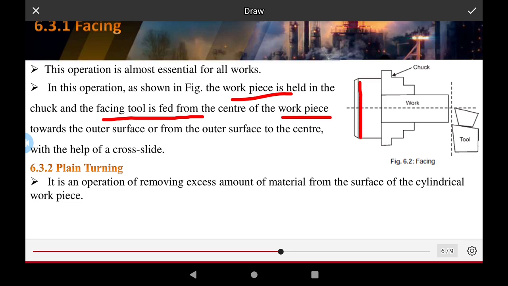This is the chuck of the machine, a three-jaw chuck, holding the workpiece. This is the workpiece, and this consists of the tool holder. This is the tool of the center lathe machine.